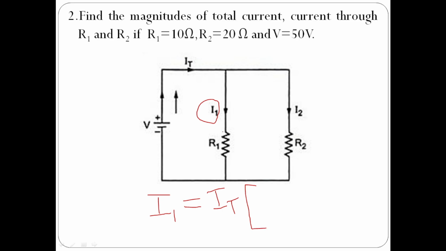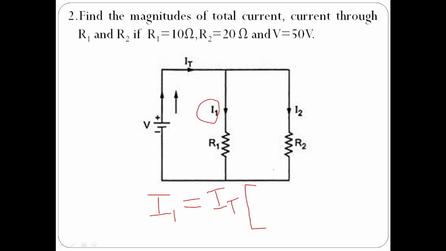The I1 current is flowing in resistance R1, and the opposite resistance of R1 is R2.